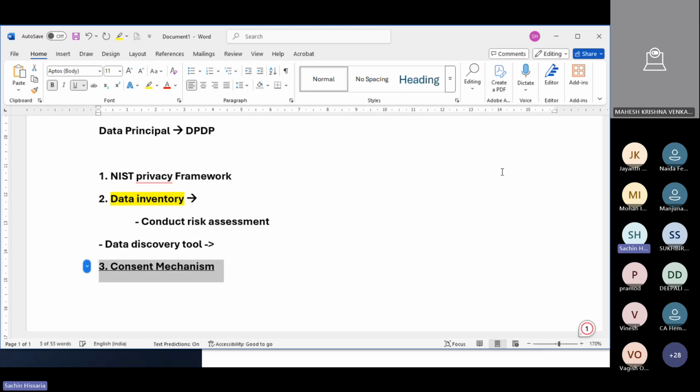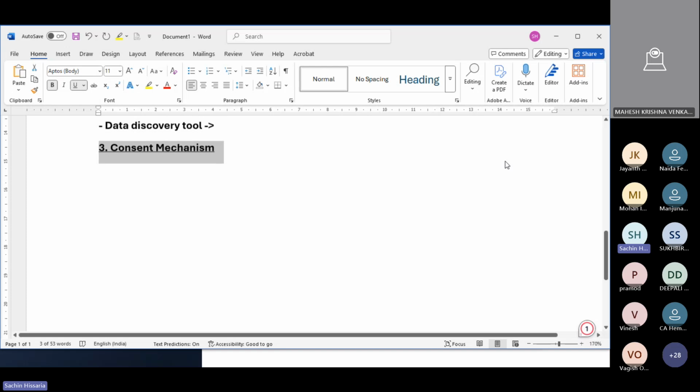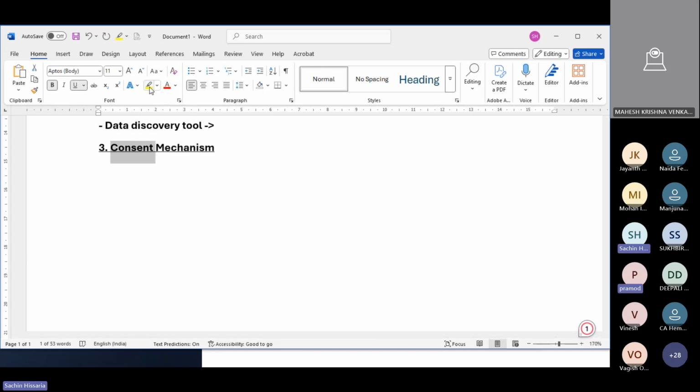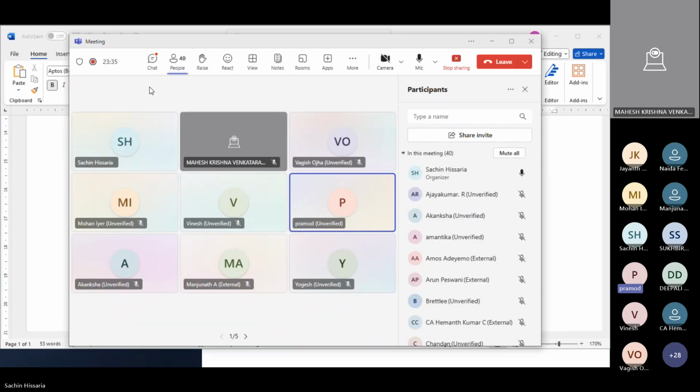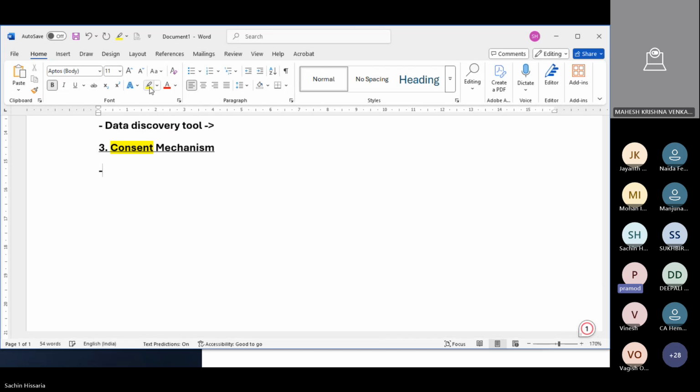Consent mechanism. Okay. So, guys, tell me, what is the meaning of consent? Basically, in many countries like the European Union, we have GDPR, where if you are collecting some data of a customer, it can be PII or PHI. We have the same in the US as well.